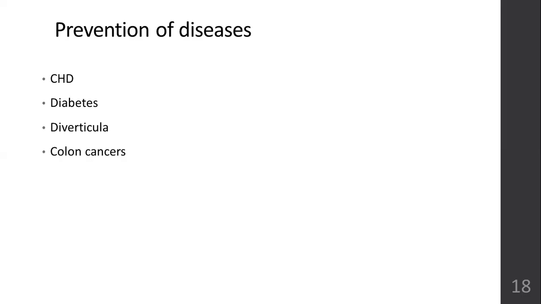Colon cancers: the major reason is increased intake of red meat and a high fat diet. All types of meat cooked at very high flame have a risk of developing colon cancer.